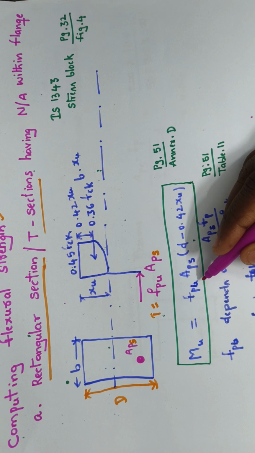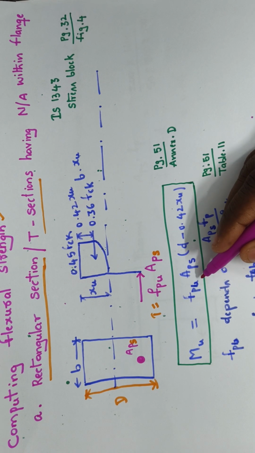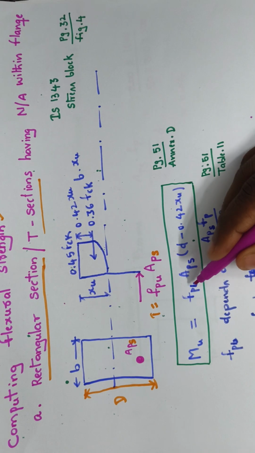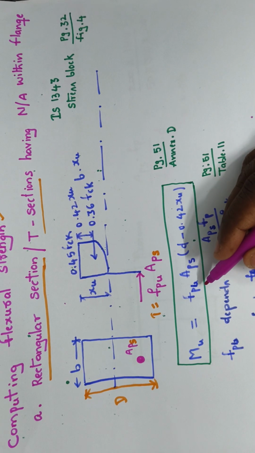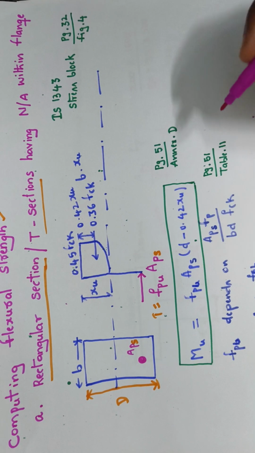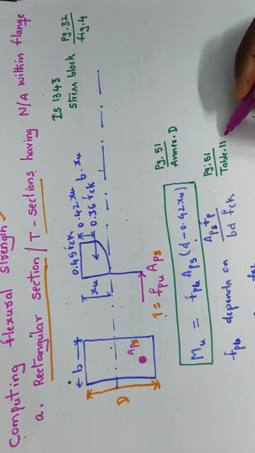This is the tensile stress developed in tendons at a failure stage of the beam. This value needs to be calculated from table 11 of IS 1343.